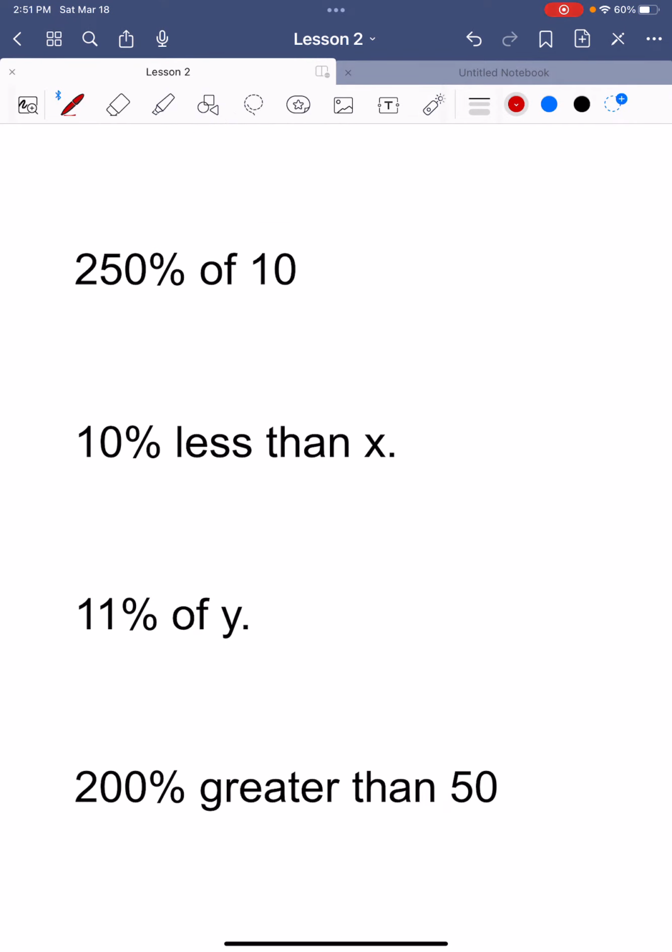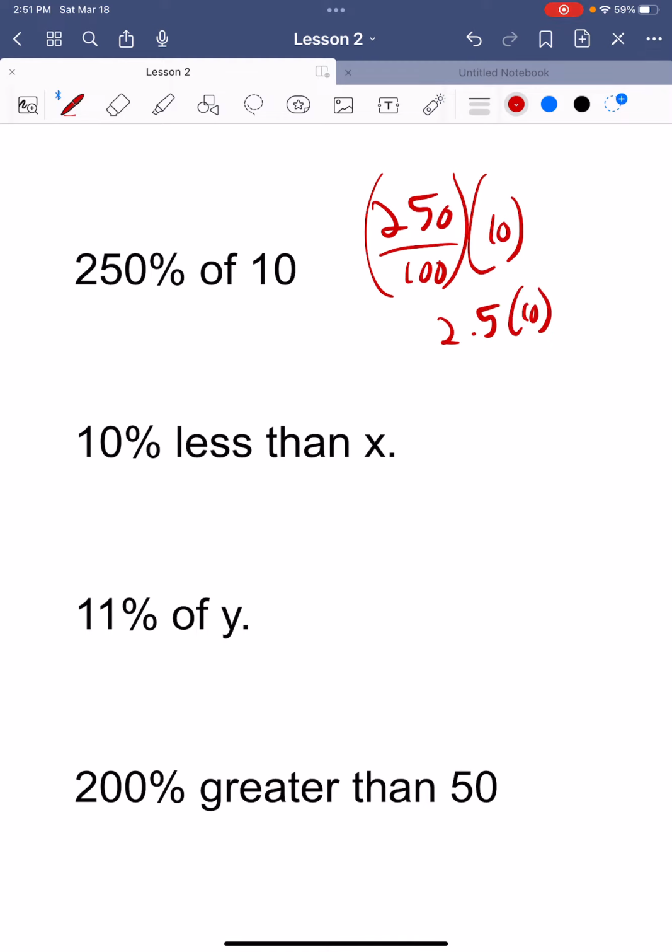250% of 10. So this is the of rule, so we're going to do percent over 100 times our amount. 250 divided by 100 is 2.5, times 10 is 25. 10% less than X. 1 minus percent over 100 times our amount.